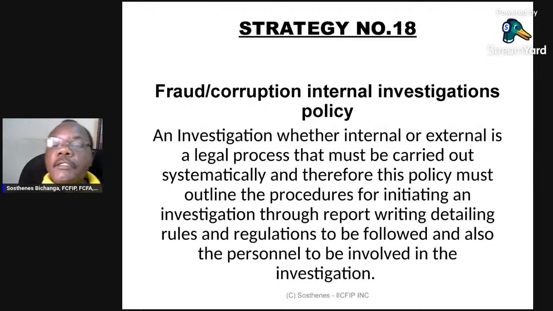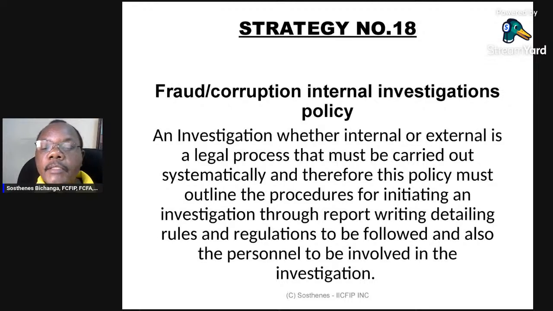Responsibilities of the Director in charge of Anti-Fraud and Corruption Department. The following are the responsibilities of the Director or Manager in charge of investigation. A. The overall management of the Anti-Fraud or Corruption Department's employees. B. Custodian and implementer of the investigations policy.